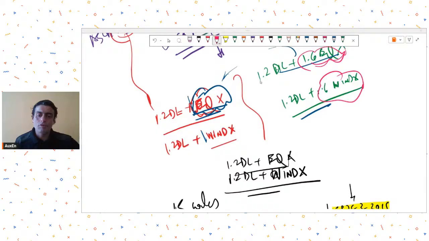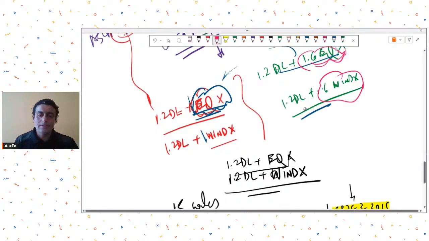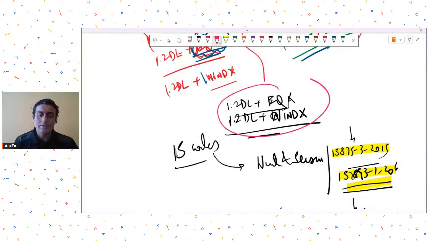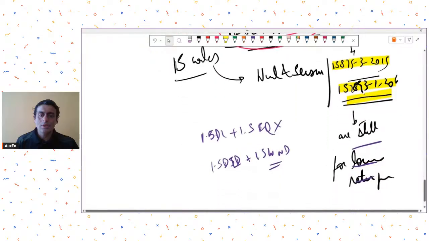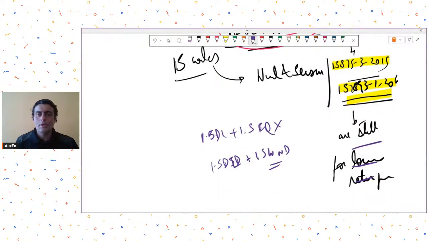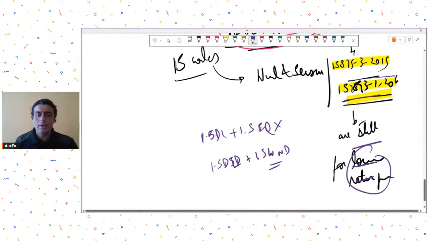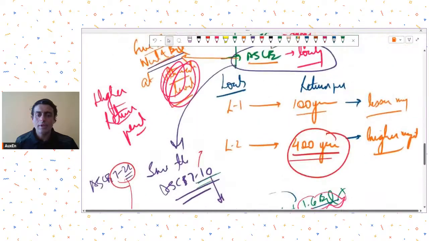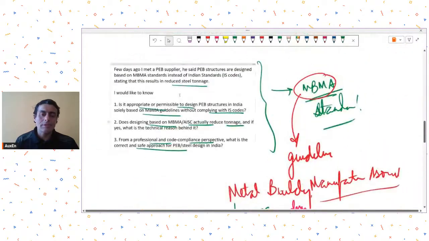If you are using the newer ASCE, which has load combinations like this, then please remember that these are for earthquake and wind loads for a larger return period. So you cannot use the loads from these codes, IS 1893 and IS 875 part 3, because they are still for a lower return period.